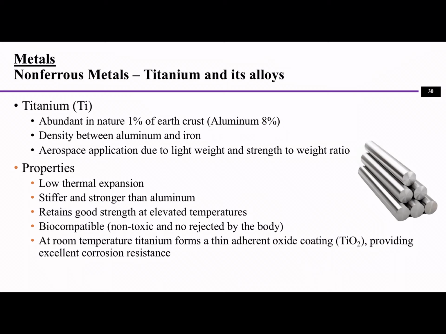Next, titanium. We mentioned titanium has a really good strength to weight ratio, so it's been used in aerospace applications. Its density is between aluminum and iron, which means it's a little bit heavier than aluminum and lighter than iron. It has a low thermal expansion, which means if it is working in a very high temperature environment, it's hard to deform.